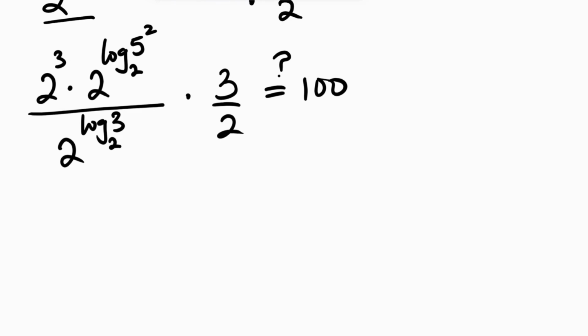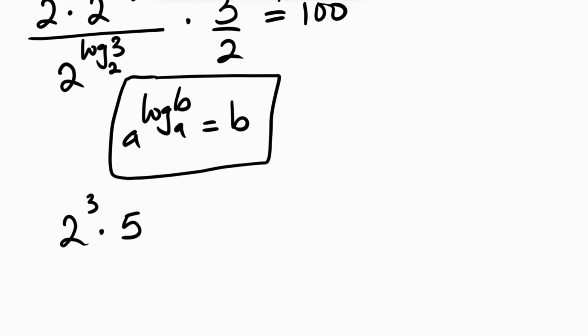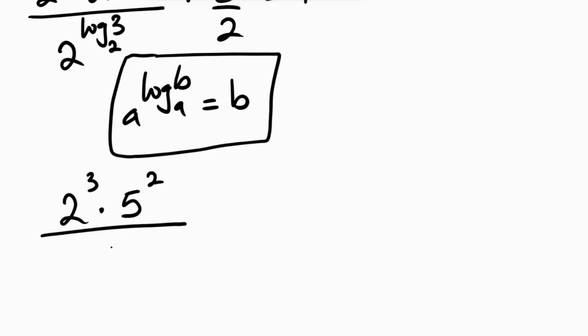Our log rule states that a raised to the power log of b base a is equal to b. So now we have 2 raised to the power 3 times 5 raised to the power 2 divided by 3 times 3 over 2.